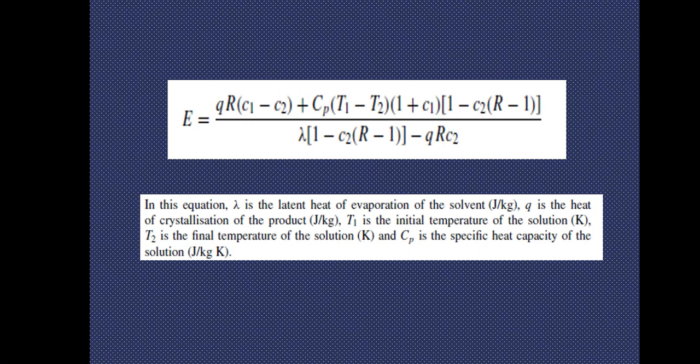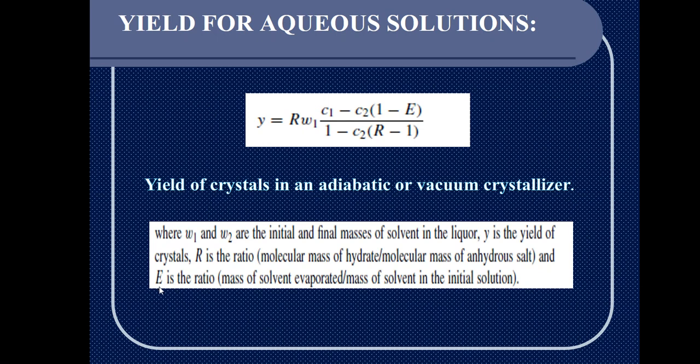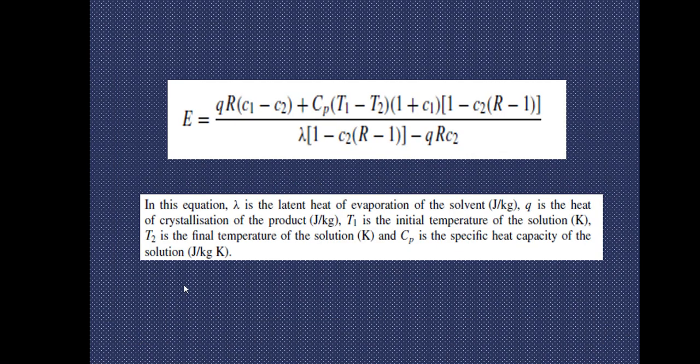There are problems that give you the amount of heat, which is the Q. So in this case, there's a need for us to have another formula that we could use in determining the E, aside from this simple definition of the E, if the information is not available in the problem.